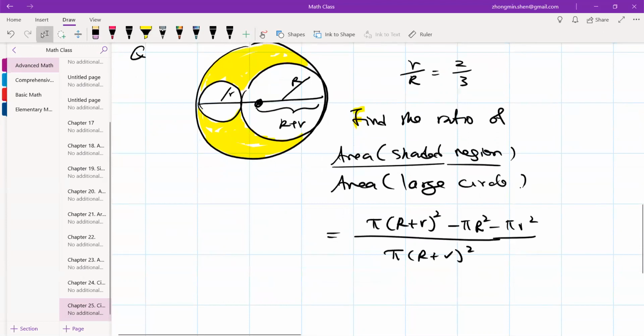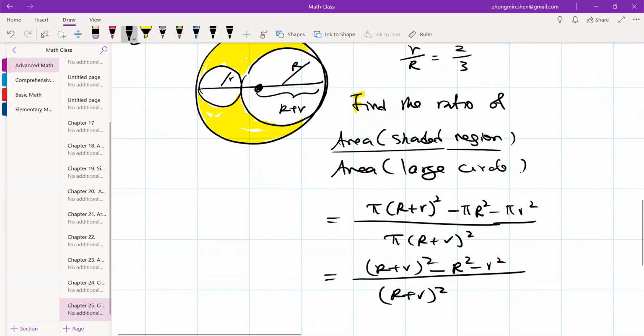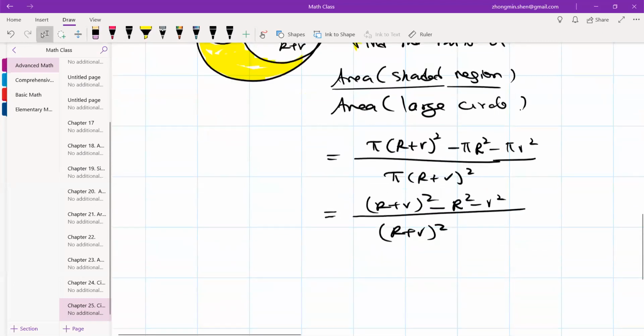Got it? So I probably just need to do some algebra computations. So pi will be gone, right? So you get (R plus r) squared minus R squared minus r squared. Right. Let's continue. I can multiply this out, right?